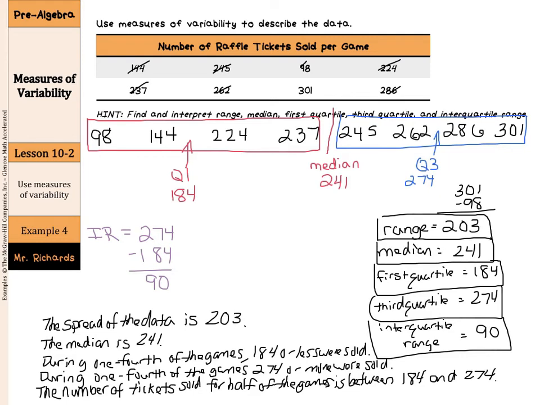So it's one thing to be able to calculate our median, our range, our first quartile, third quartile, and our interquartile range. It's another thing to be able to write a little bit about it, and that's what you're asked to do with this example.